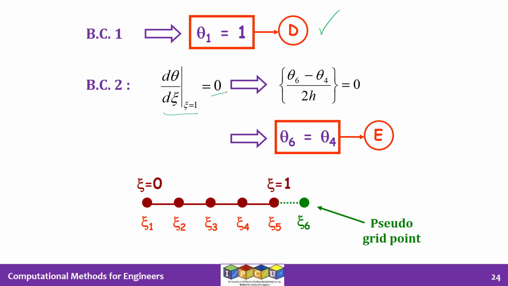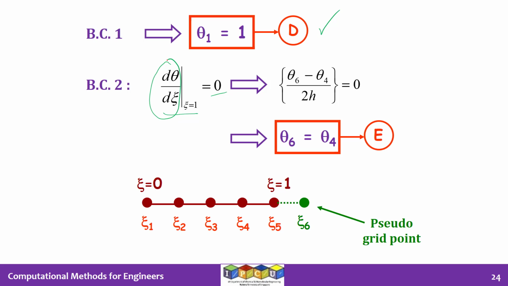So in the spirit of solving the problem with finite difference approximations, we are going to replace d theta by d psi at psi equal to 1 with its finite difference approximation. And we would very much like that also to have a truncation error of the order of h squared, because the other terms in the ordinary differential equation had truncation error of the order of h squared.